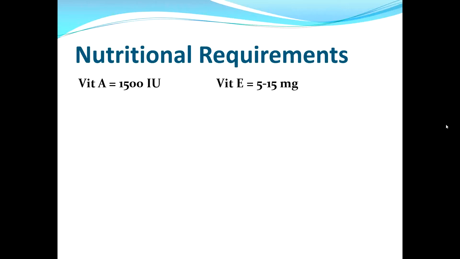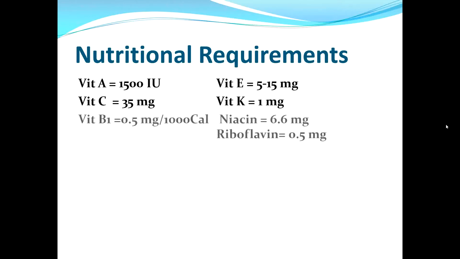The requirement is 1500 international units per day. Vitamin E, 5 to 15 milligram per day. Vitamin C, 35 milligram per day. Vitamin K, 1 milligram per day. Vitamin B1, 0.5 milligram per 1000 caloric intake.